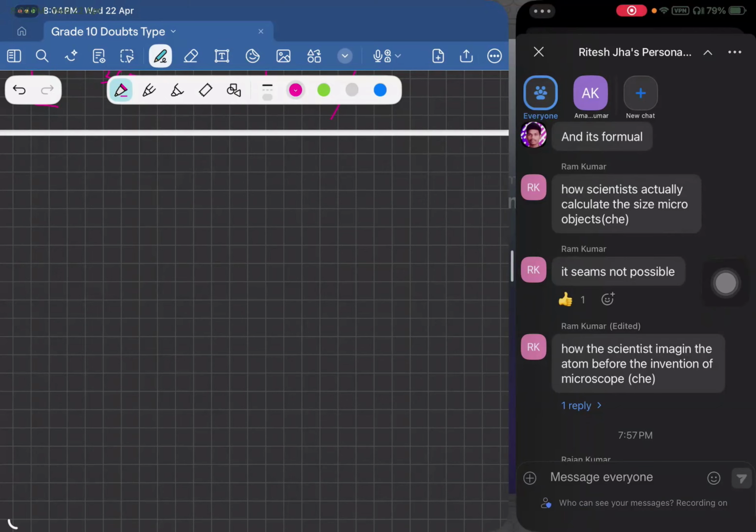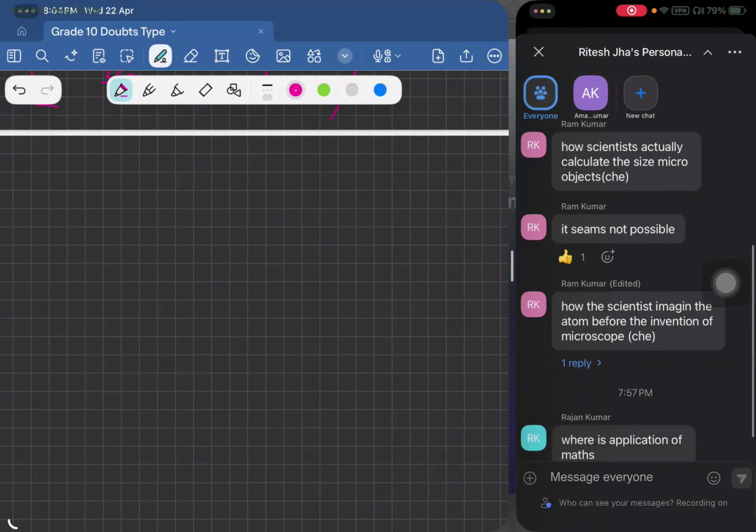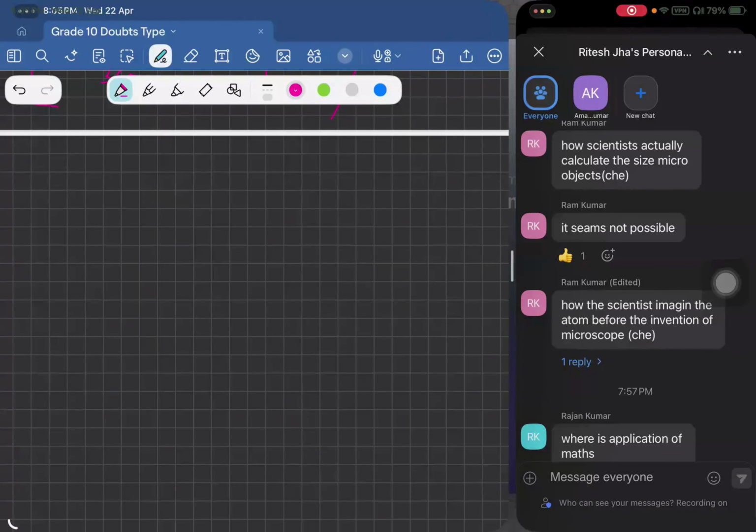This is much before the microscope. People knew about atoms because they hypothesized the presence of certain charge and dimensions, and with experiments they confirmed those things. So this again comes under level one and level two intelligence. Where is the application of maths?